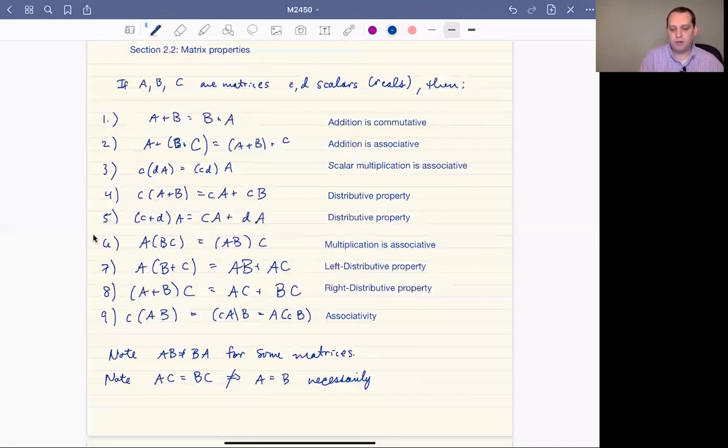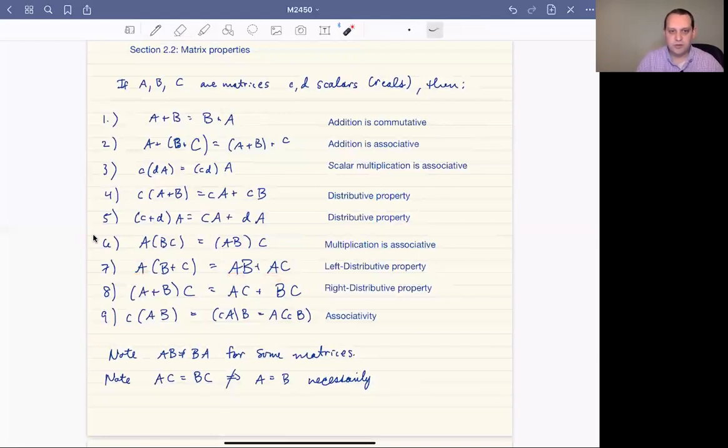The one thing that I want to point out here, and the one thing that's important, is notice that the order matters for matrix multiplication. So I have this written down here, but notice that A times B and B times A are not the same. So you need to keep track of the order. The reason I bring that up is that for number 7, if you multiply A on the left of B plus C, then A goes on the left after you distribute.